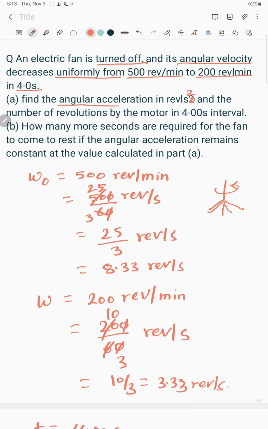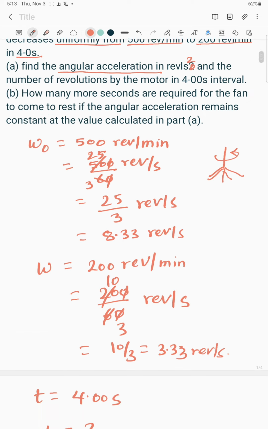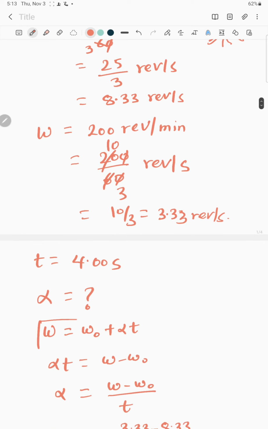They ask to find the angular acceleration in revolutions per second squared. So the first goal is to find the angular acceleration, right? You have time, initial angular velocity and final angular velocity. We can easily use this equation right here, because this is connecting final angular velocity, initial angular velocity, angular acceleration, and the time period. Our goal is to find alpha. We can easily find it because the other three variables are given.